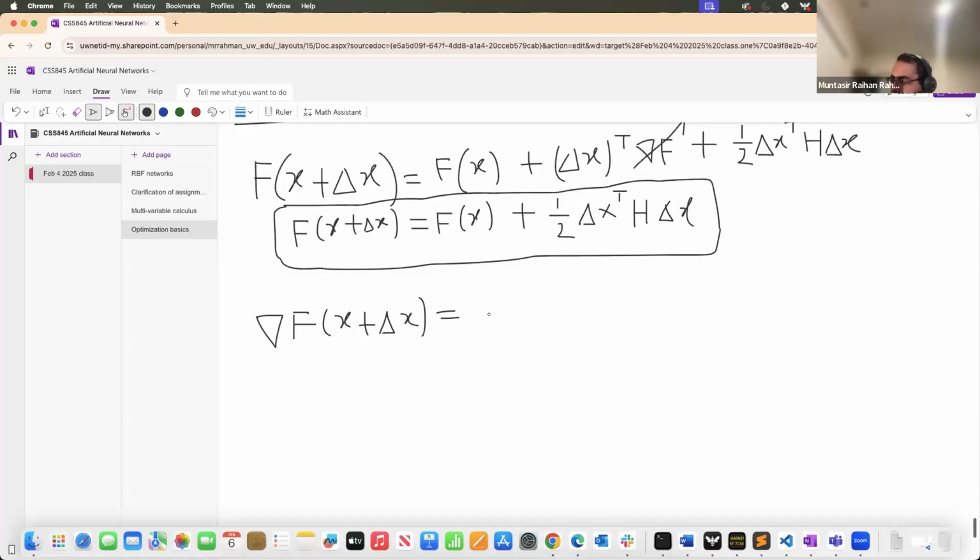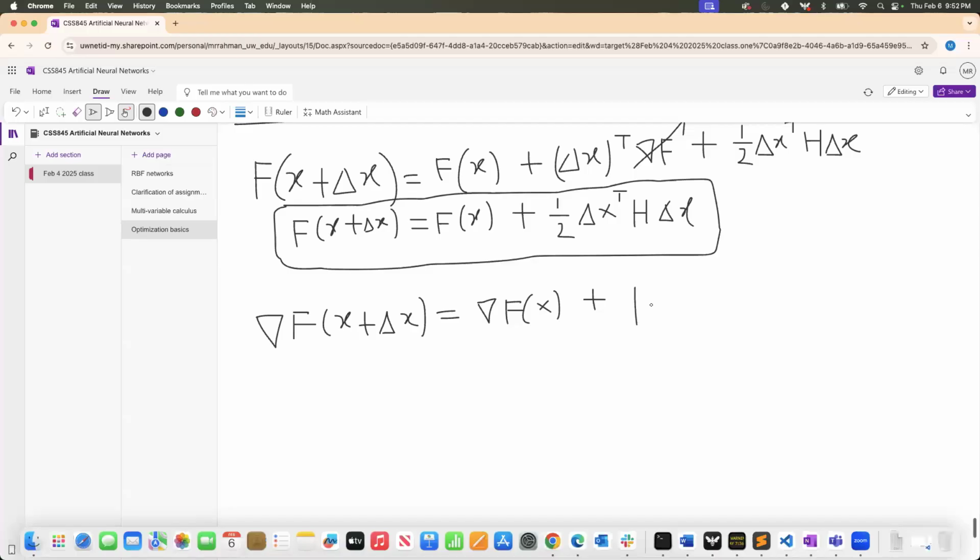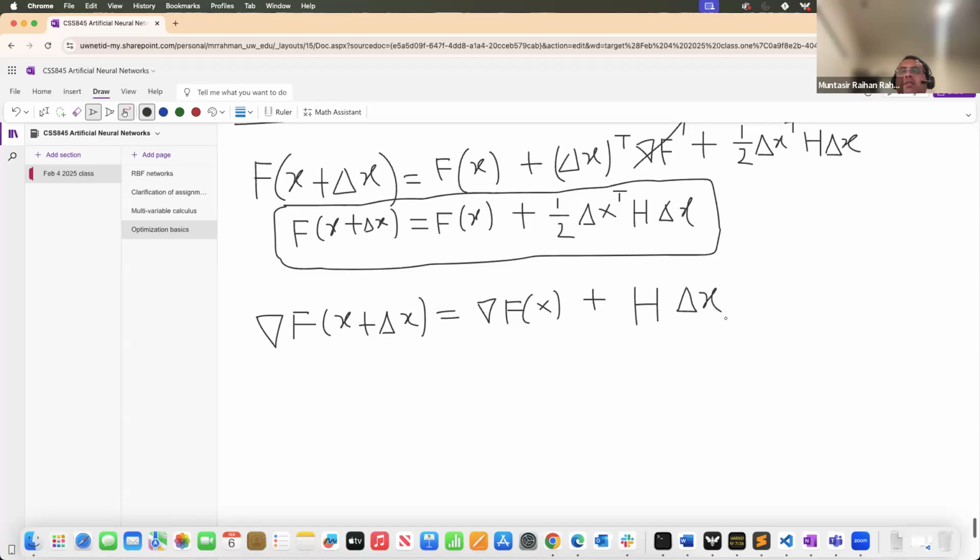And then here I have the gradient of f of x plus this quadratic form. If I take the gradient of this with respect to delta x, what would I get? We just did this today. The gradient of a quadratic form, what would be the answer? H delta x. H delta x, very good. So it's the Hessian times the increment delta x.